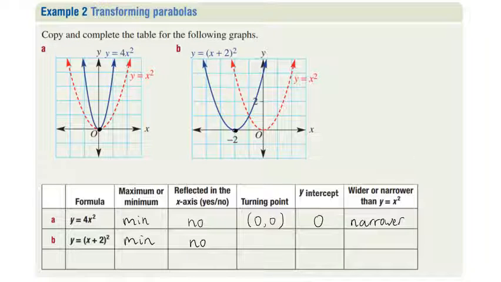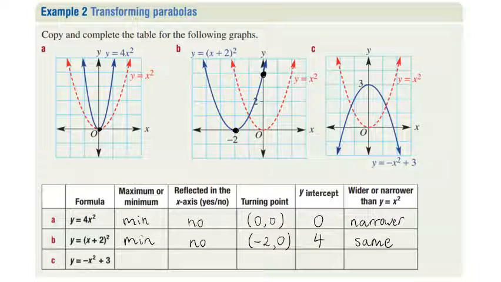So this is a turning point here, and we write the x-coordinate first, which is -2, and then the y, which is 0. Its y-intercept, so that's up here where it crosses the y-axis, which is at 4. And is it wider or narrower than our basic parabola? Well, we can see it looks the same.